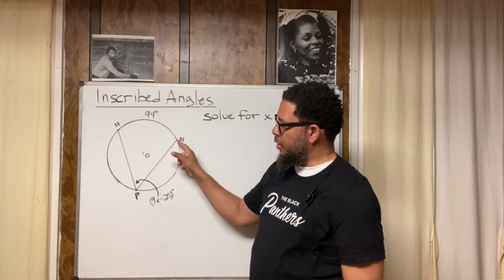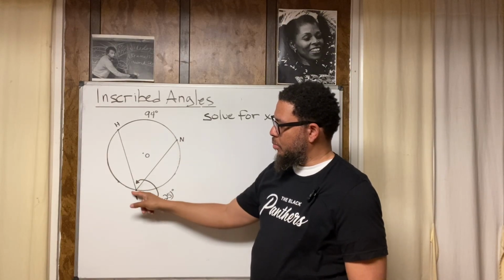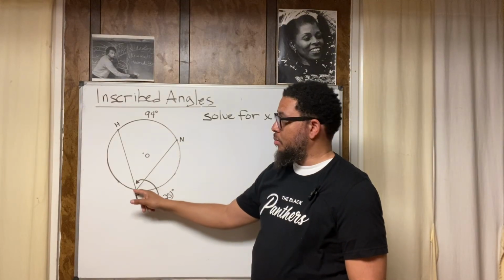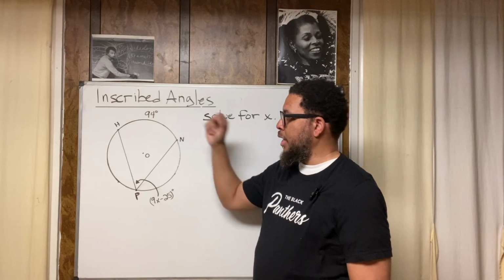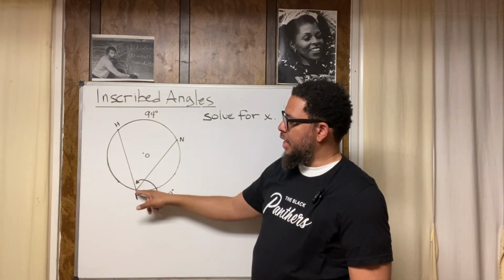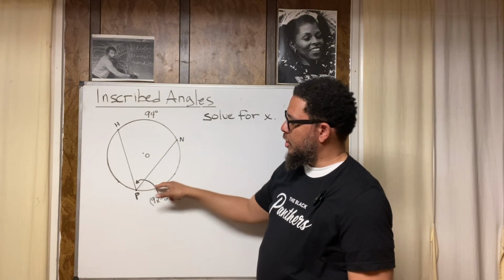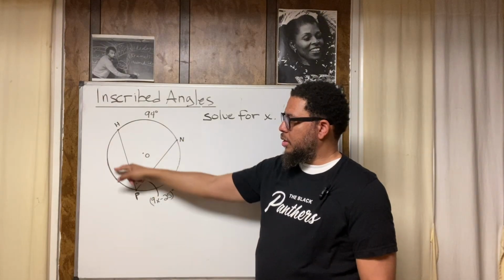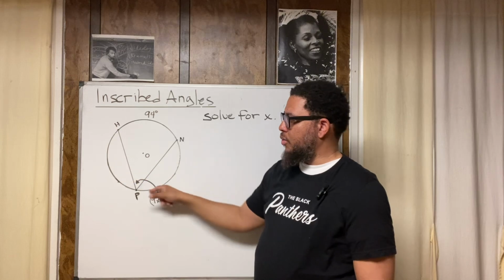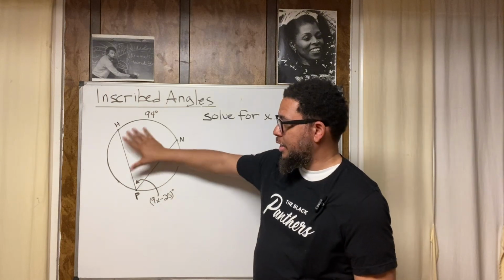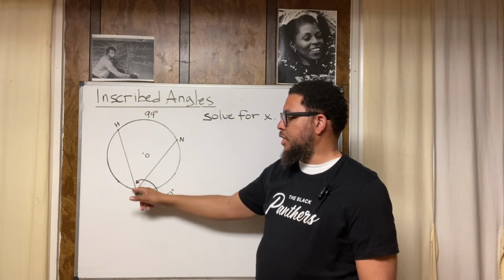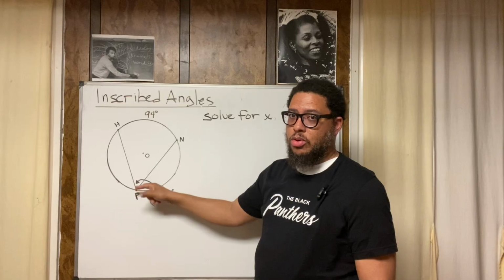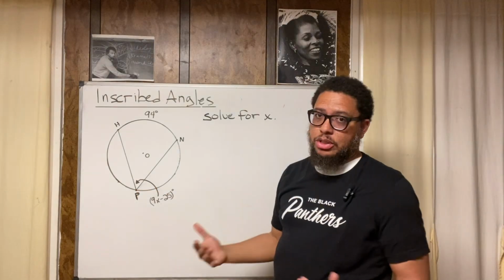And the point where this segment and this segment meet is at point P. Point P is the vertex. So an inscribed angle is an angle that has its vertex on the circumference of the circle, right? So the circumference of the circle is basically the outer ring of the actual circle, not the space inside, but the vertex is actually on the circle or on the circumference of the circle. That's what an inscribed angle is.